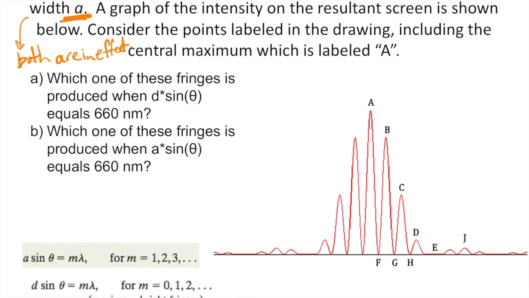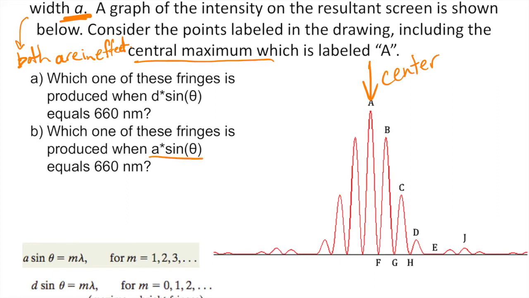The graph of the intensity on the resultant screen is shown below. Consider the points labeled in the drawing, including the central maximum, which is labeled A, the center. Which one of these fringes is produced when d sine theta equals 660 nanometers? And which one of the fringes is produced when a sine theta equals 660 nanometers?